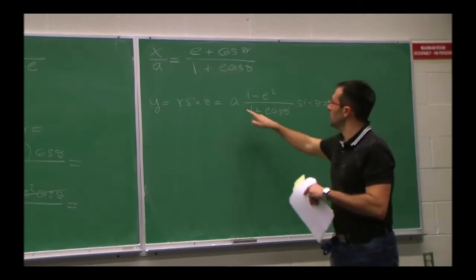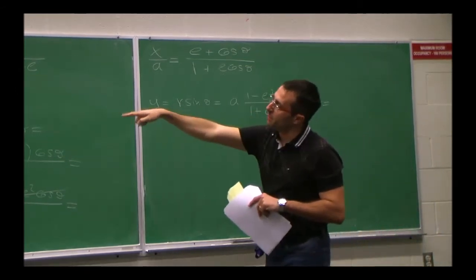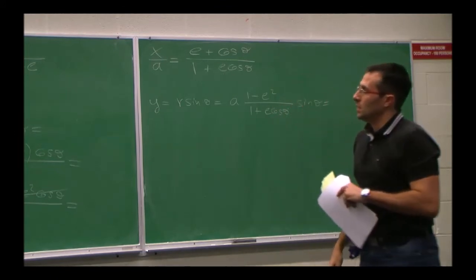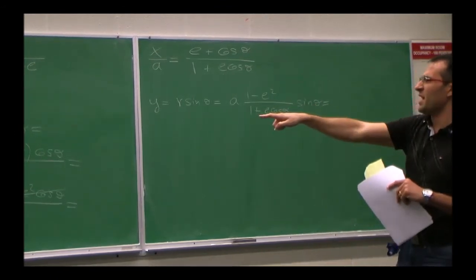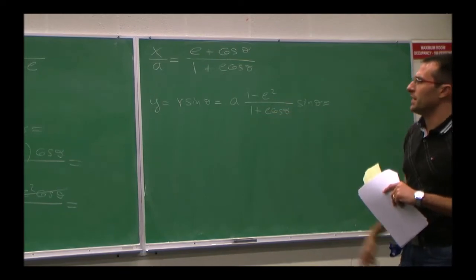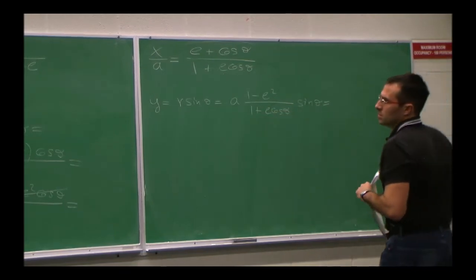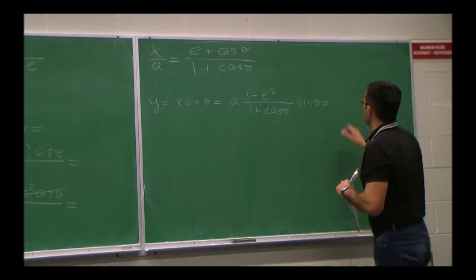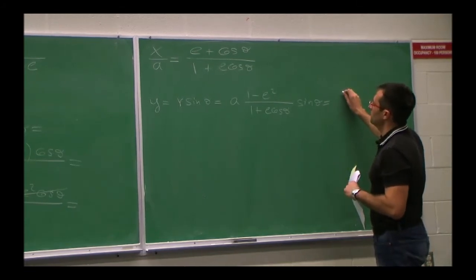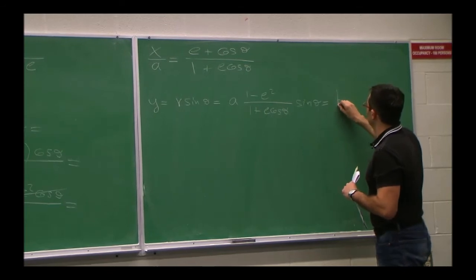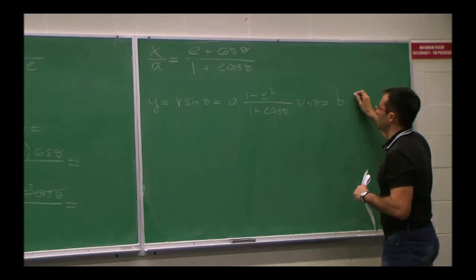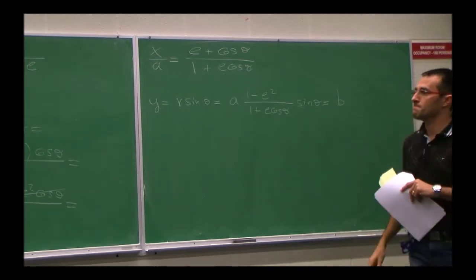There's not much that I want to do with this, except I want to have a b showing up. So let's remove that a and write it as a function of b. So b is a square root of 1 minus e squared. Okay. So what can I do? What do I need to multiply by?